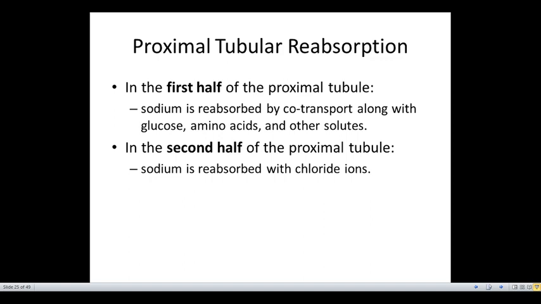In the early or the first half of the proximal tubule, sodium is reabsorbed by co-transport along with glucose, amino acids, and other solutes.